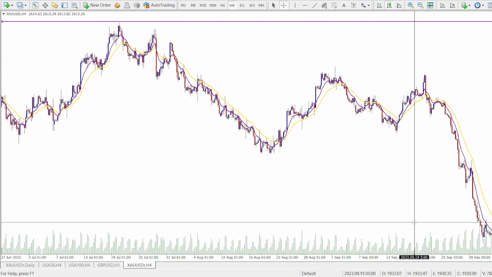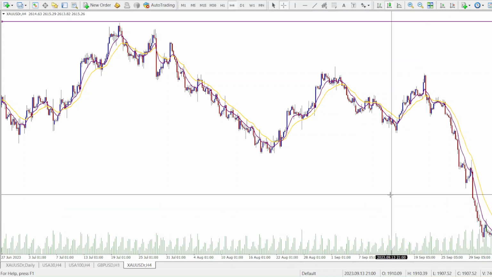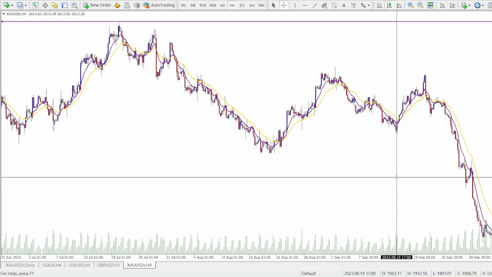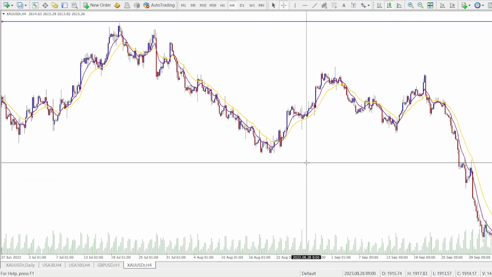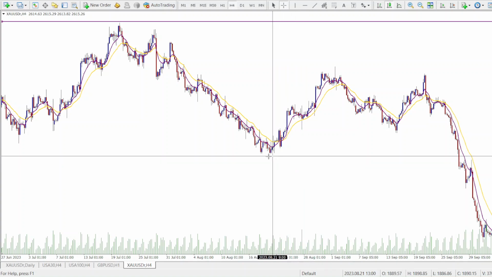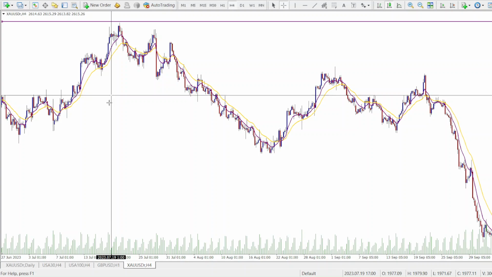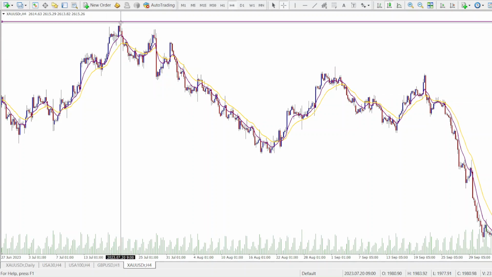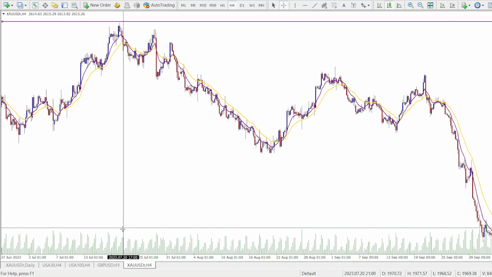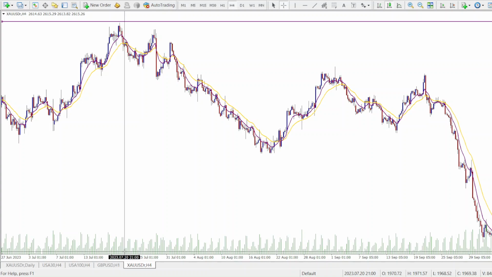Now, if an asset reaches a new high, but the volume is declining, it indicates that there is weakening bullish momentum and can hint at a coming bearish reversal. For example, after price got to this high, we can see that the volume began to drop. You can see that the shorter lines were forming, right?